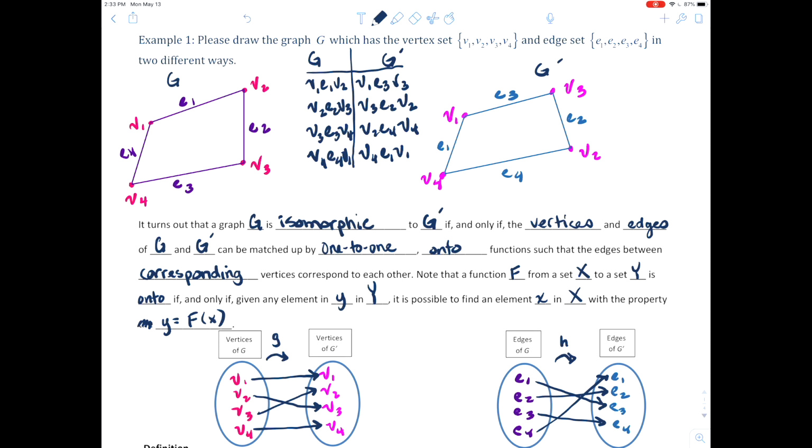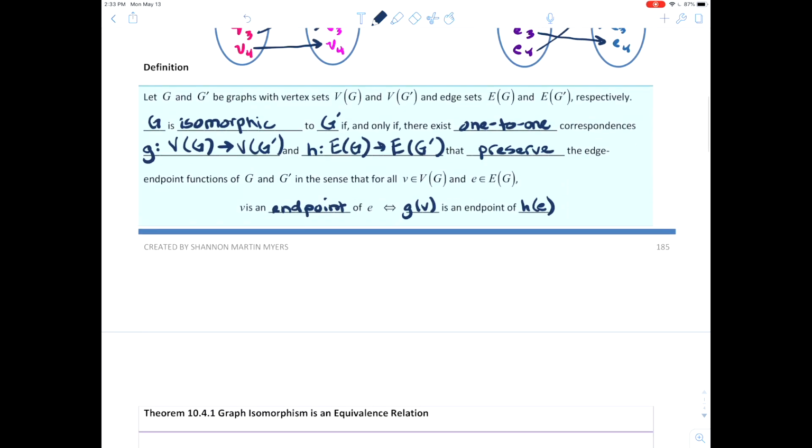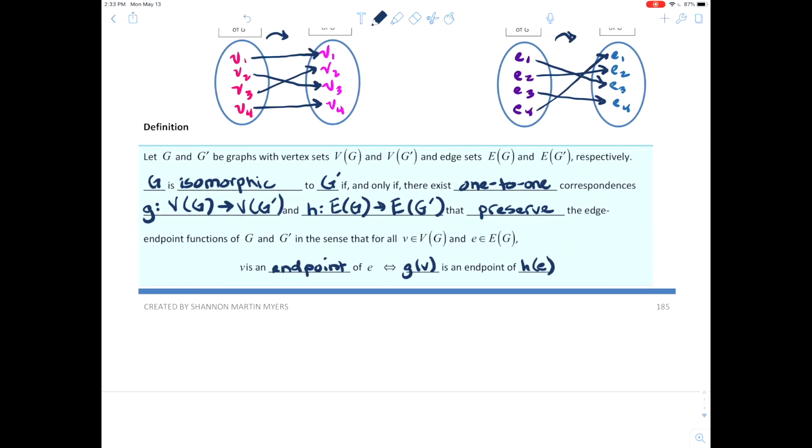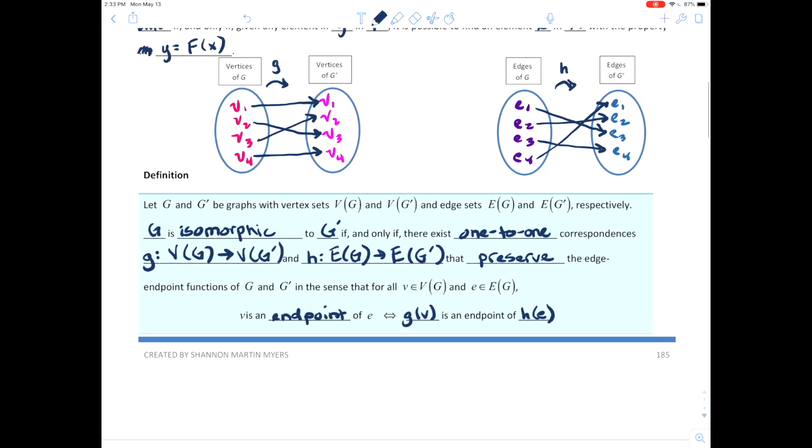And in the correspondence h for the edges, we would need what? We would need, beautiful, E4 in G to correspond to E1 in G prime. So that's what it means for the edge endpoint function to be preserved.